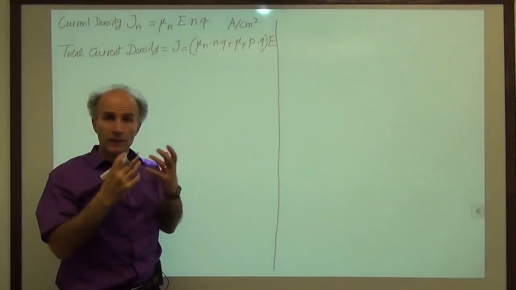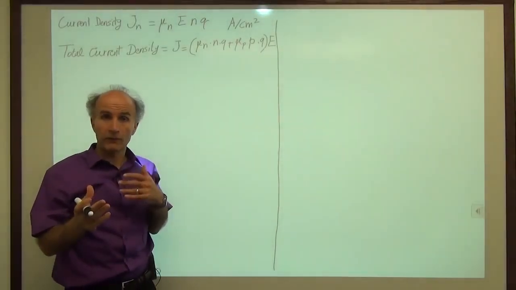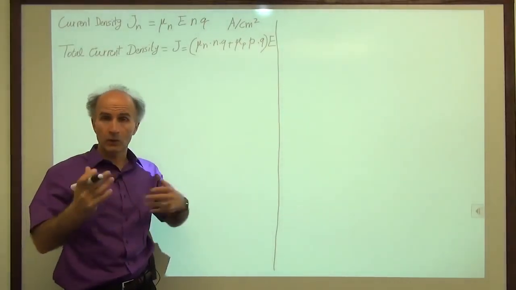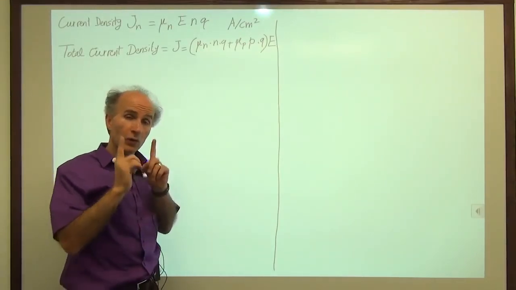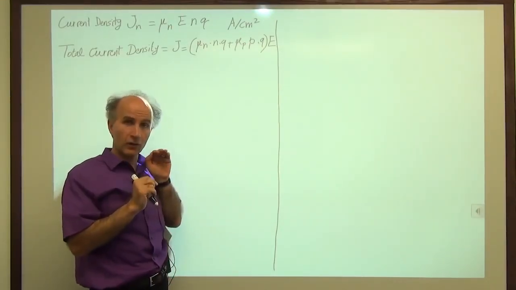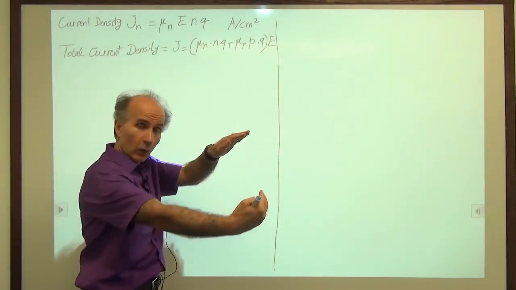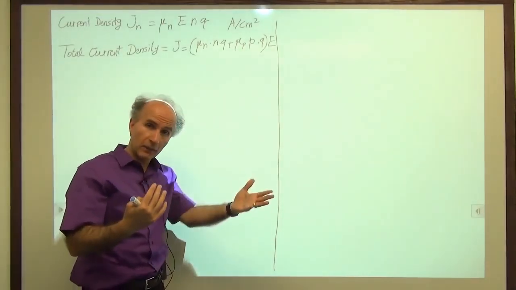We have some sort of silicon. It may have lots of holes, very few electrons, or lots of electrons, very few holes, or it may have some electrons and some holes, and they're comparable. In any case, whatever it is, we can write the total current as the current of electrons, for example, going this way, plus the current of holes going this way. Now, the current of holes might be negligible, or the current of electrons might be negligible.